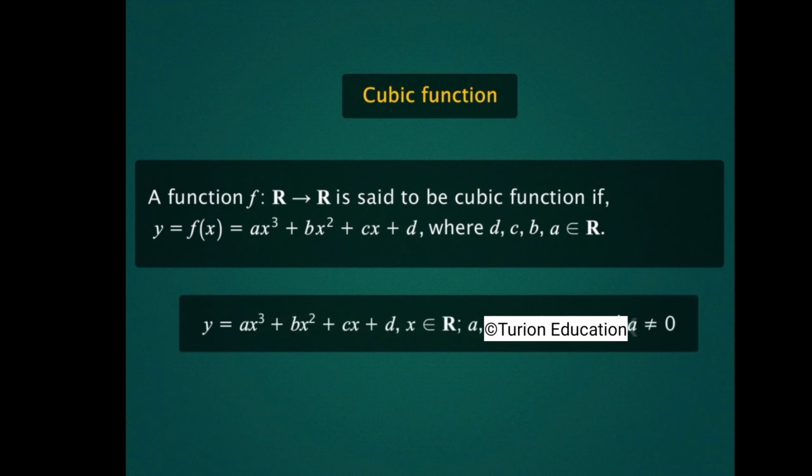This gives us a standard cubic function y equal to a x cubed plus b x squared plus c x plus d, where x is a real number, a, b, c, and d are constants, and a is not zero. The domain as well as the range of the cubic function is R, the set of all real numbers.